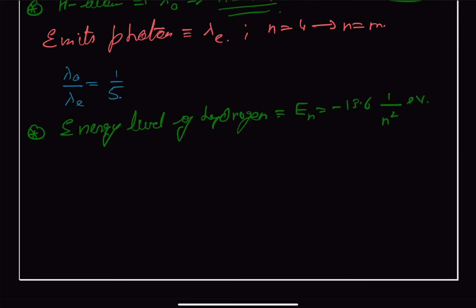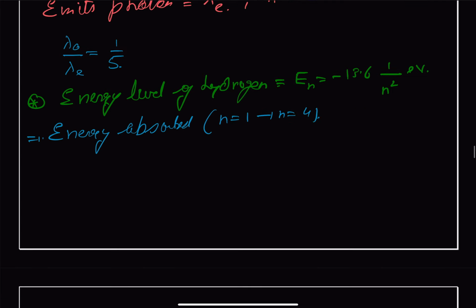So we can say energy absorbed during the transition from n equal to 1 to n equal to 4. And let us suppose that energy is represented as EA, which will be equal to E4 minus E1, giving us 13.6 times (1 upon 1 minus 1 upon 4 square), that will be 16 minus 1.